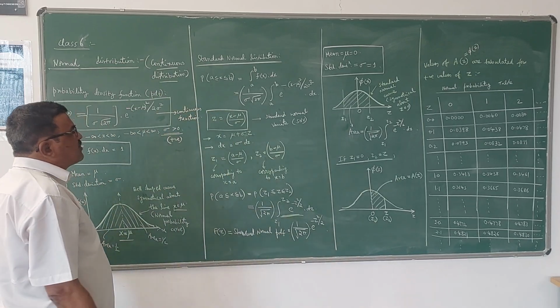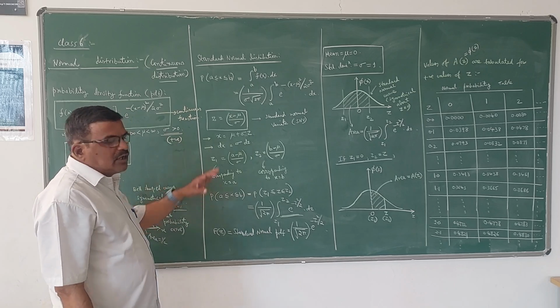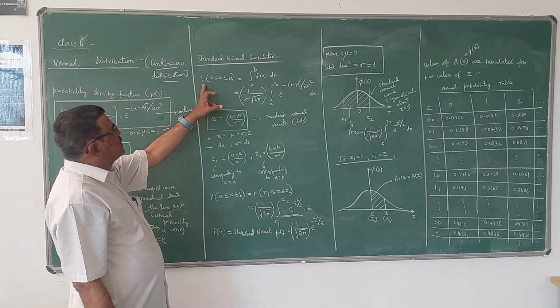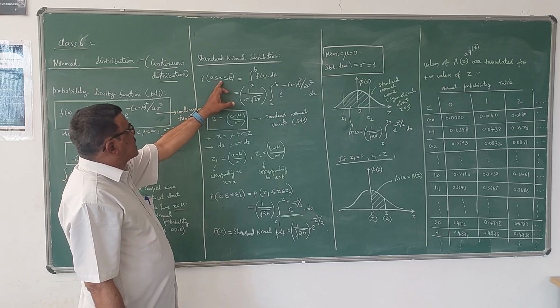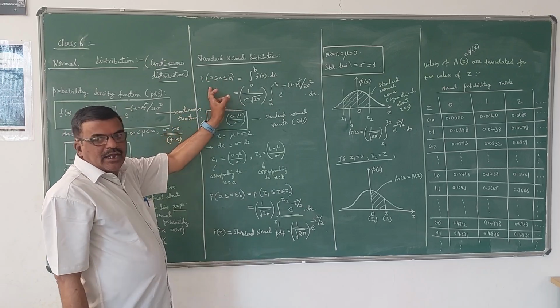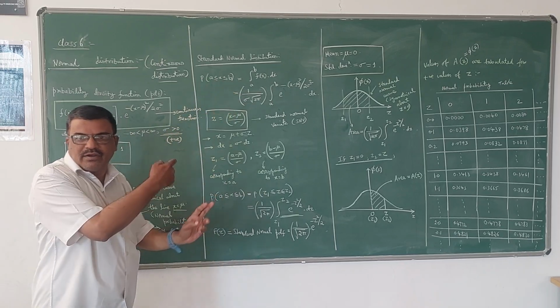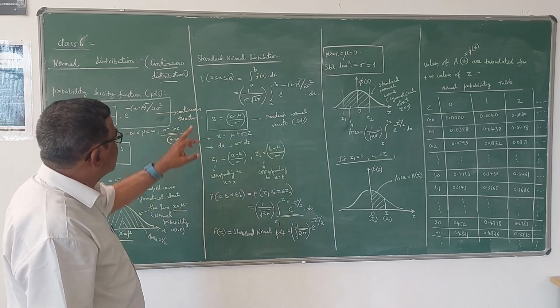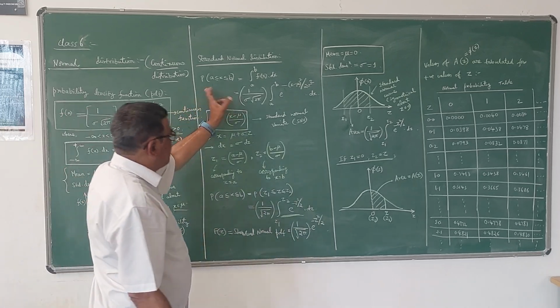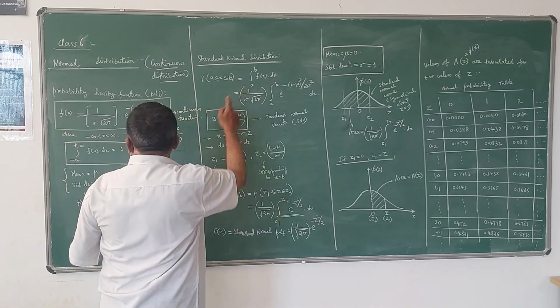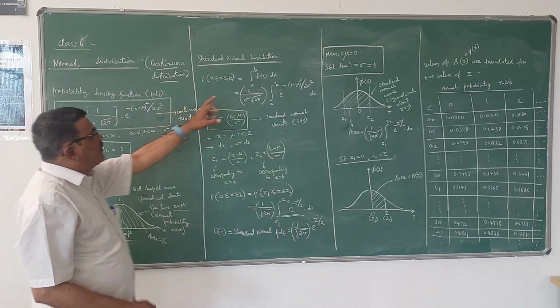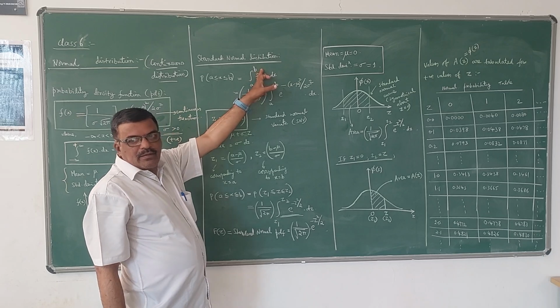If we want to speak in terms of probability, suppose we want to find the probability that x lies between a and b. We have done these types of problems earlier. That is given by this function itself, but you have to integrate between a and b.